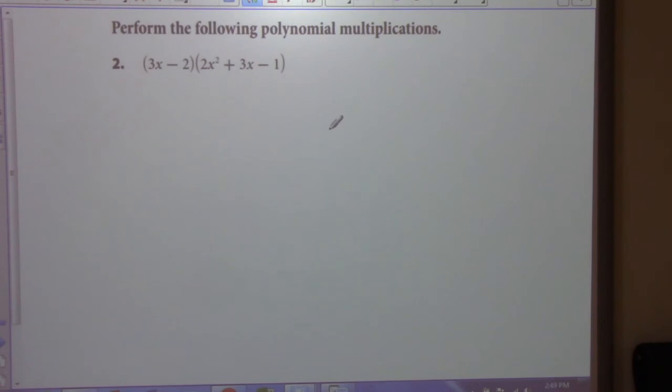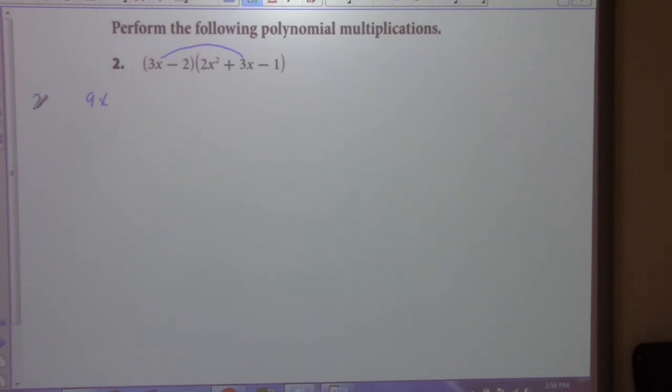So what I did first is I took the, you know how you distribute the parentheses into the other parentheses, so it's just one parenthesis? I took 3x and multiplied it times 3x. And then I got 9x squared. And then you would put the 2x squared in front of the 9x squared because it's to the power of 2.